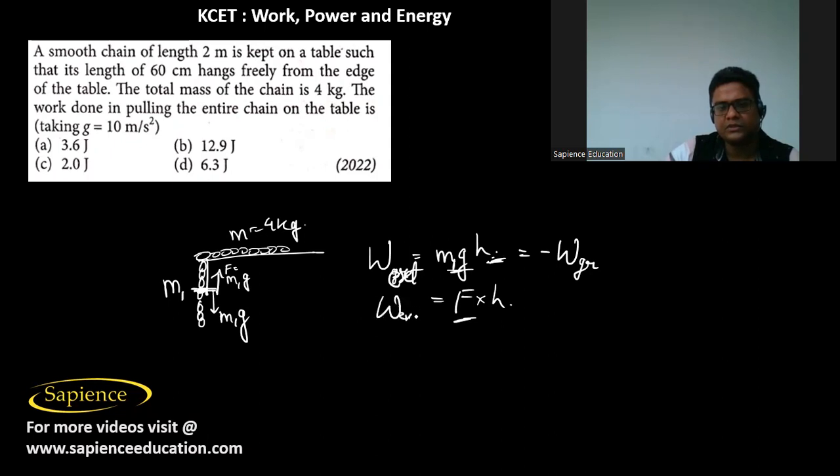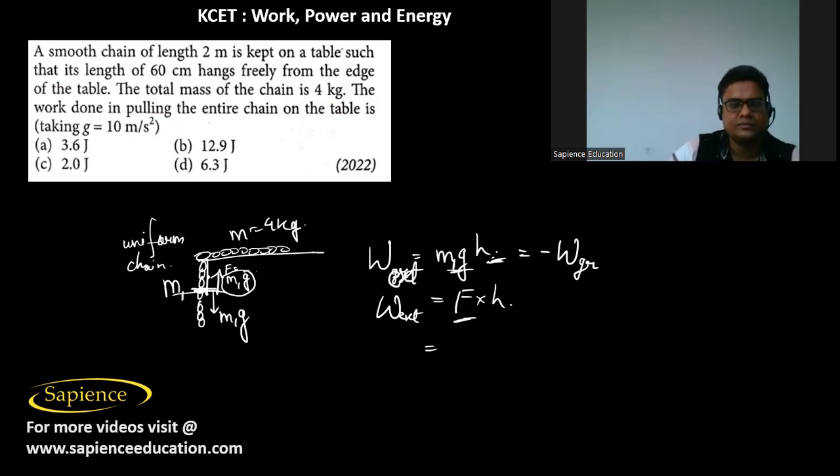Work done by the external force is F into h, and this applied force is equal and opposite to the weight. The center of mass will lie at half of the length, since we can consider it as a uniform chain.